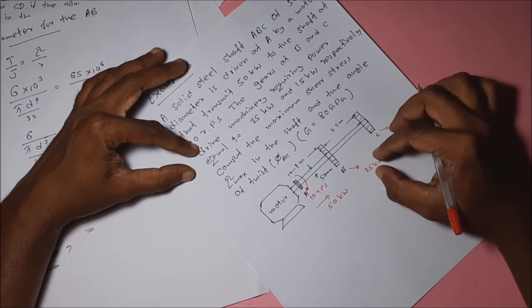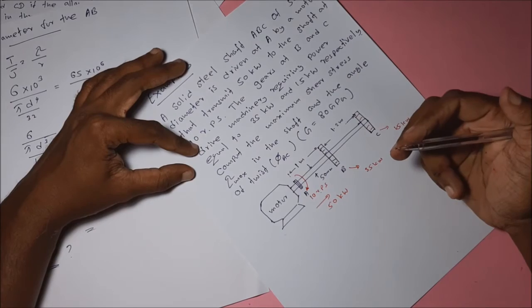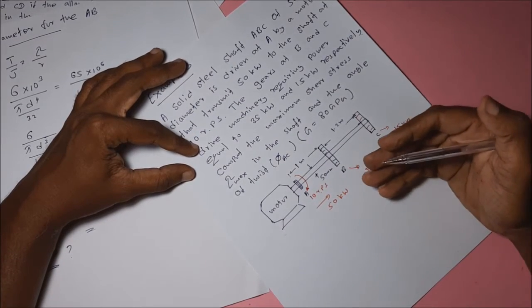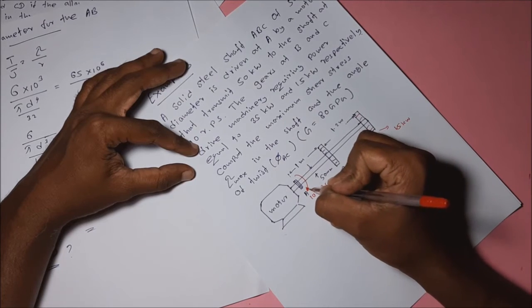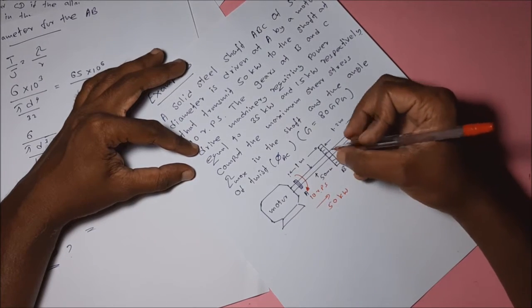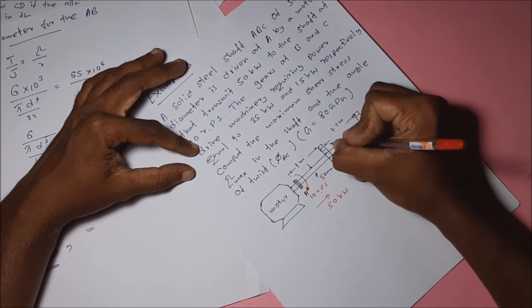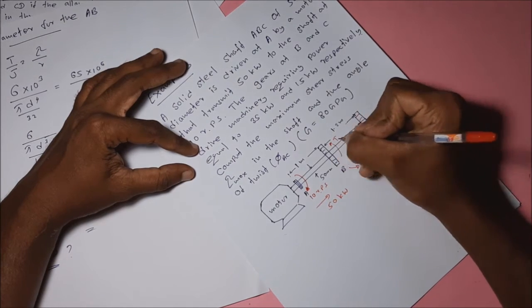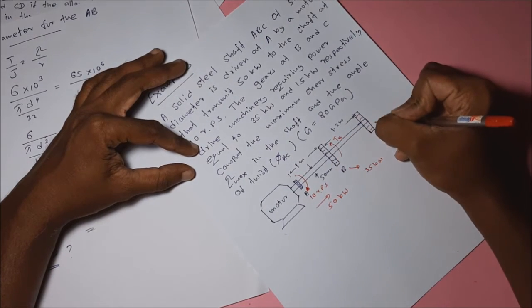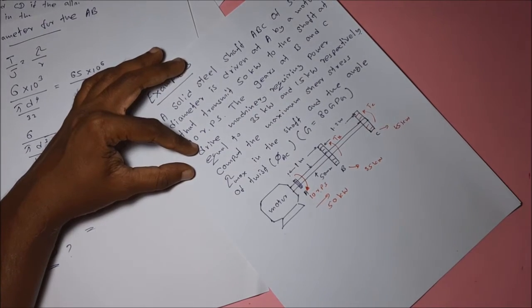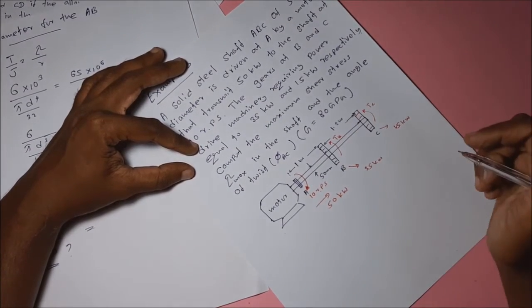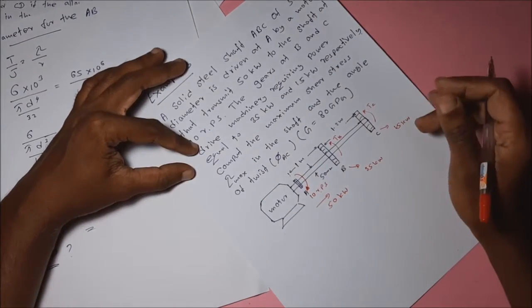When taking this power out from the shaft, opposite torque develops on the shaft. If this is the torque developed by the motor, this opposite torque we can represent in this way: TB and TC. At these ends, the opposite torques are developed.